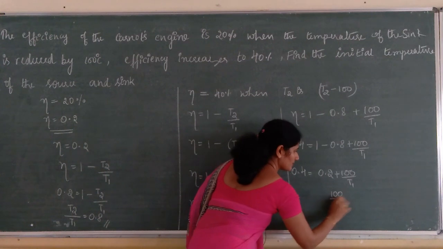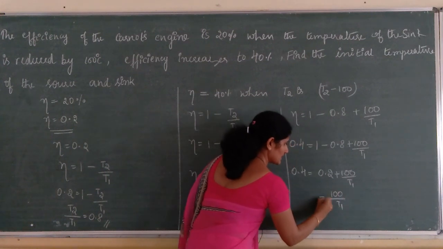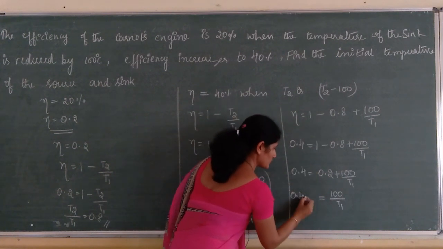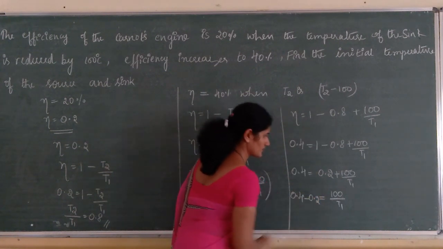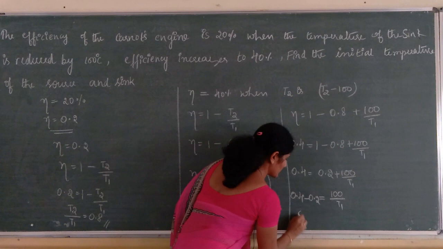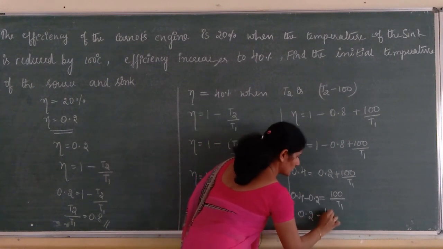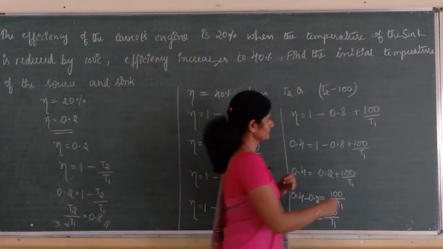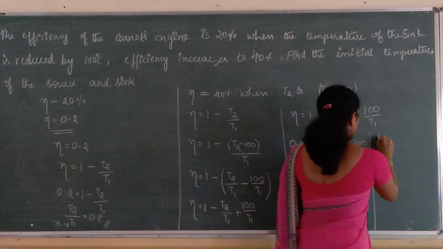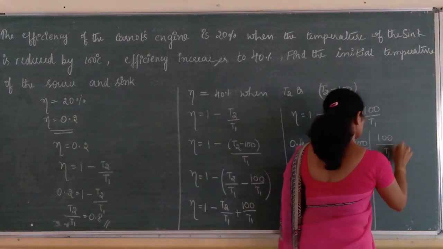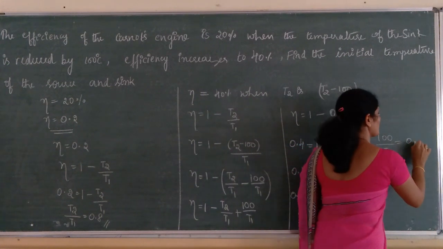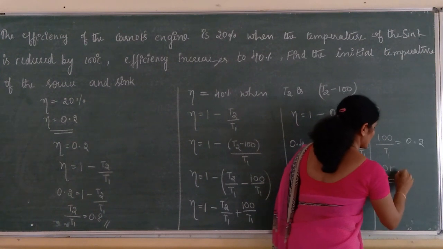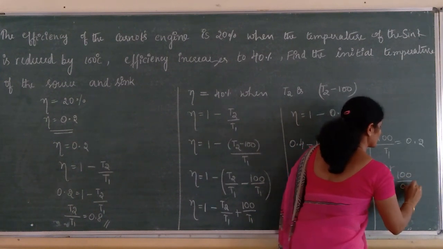Bring 0.2 to this side, that is 0.4 minus 0.2 is 0.2, is equal to 100 by T1. 100 by T1 is equal to 0.2, or T1 is equal to 100 divided by 0.2.